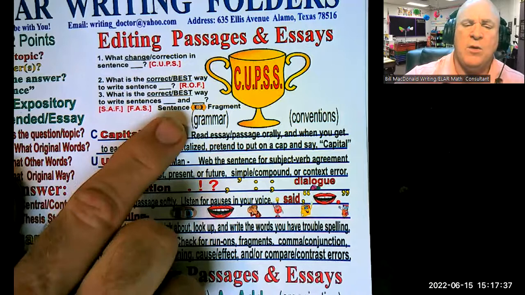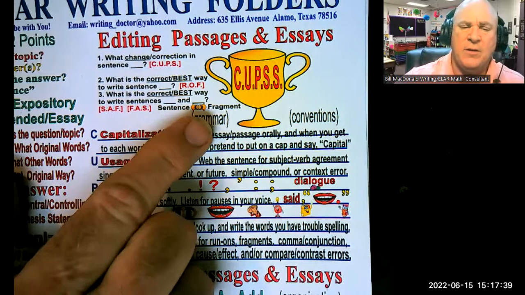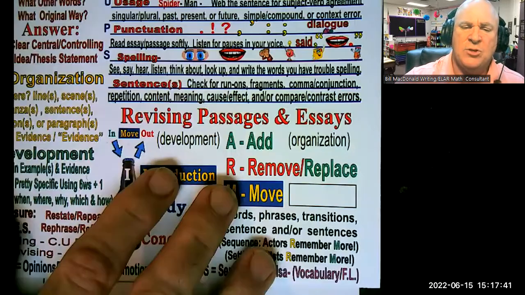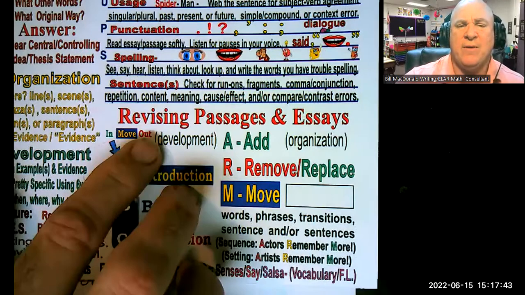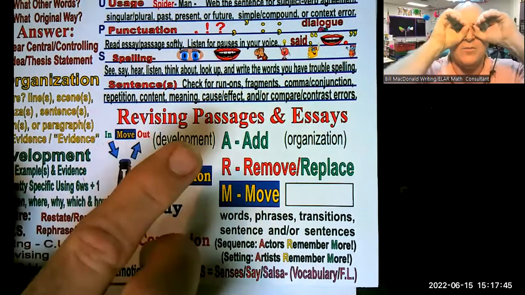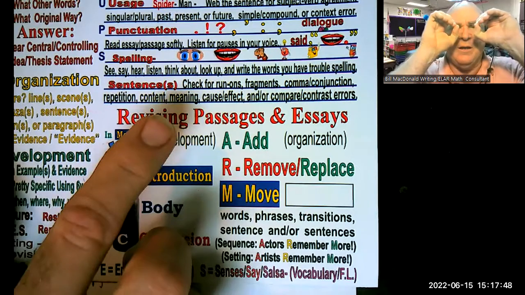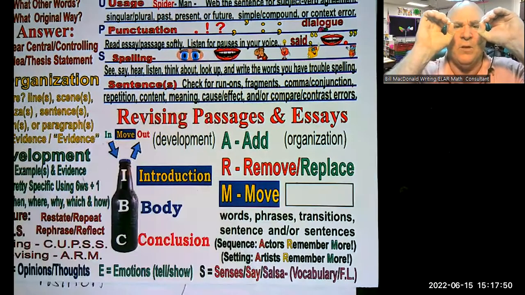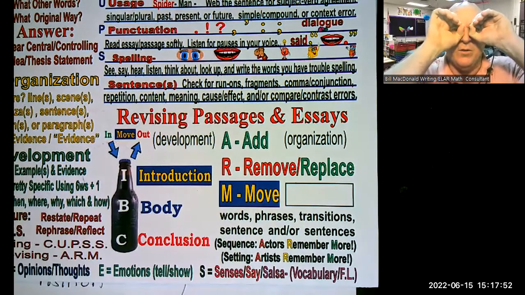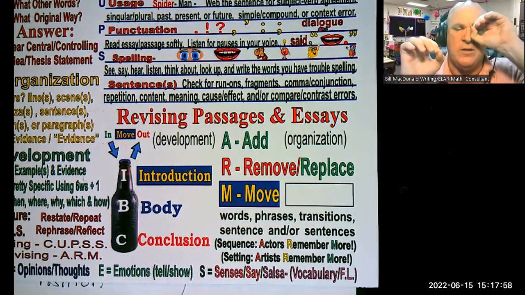When you're fixing the organization or the development of a passage, you're doing what's called revising. So if you think of your eyeballs and you say, okay, I need some glasses. Well, when you have glasses, the way you see now is going to be different than the way you're going to see later. You're going to see better later.